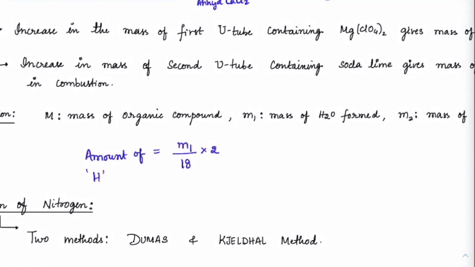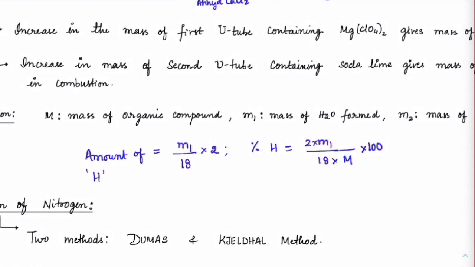If I convert this into percentage, the percentage of hydrogen present in that organic compound will be 2 into m1 by 18, this is the mass, divided by capital M, which is the mass of the organic compound, multiplied by 100. So this is the percentage mass of hydrogen present in the organic compound.